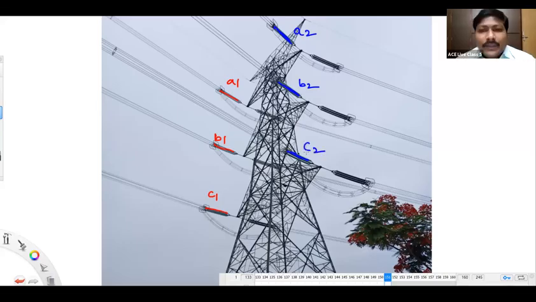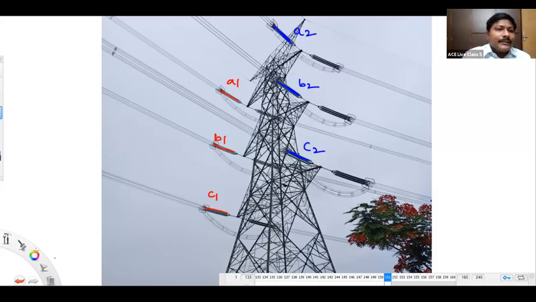Like this, you can observe. So it is one of the best examples for the double circuit line. Not only that, moreover, each and every conductor is a bundle conductor.